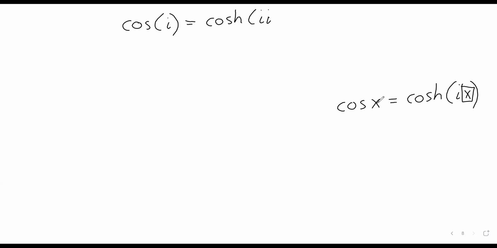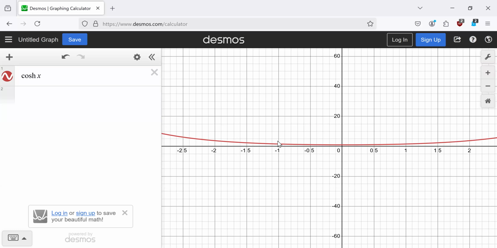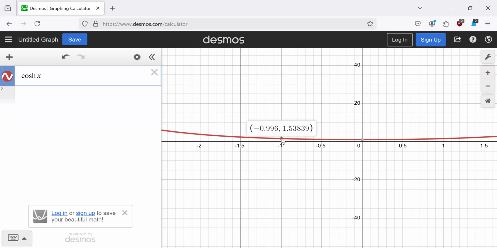The other i is coming from the formula, right? i squared is -1. The hyperbolic cosine of -1 is 1.5430.